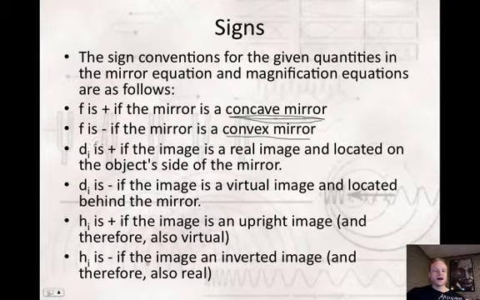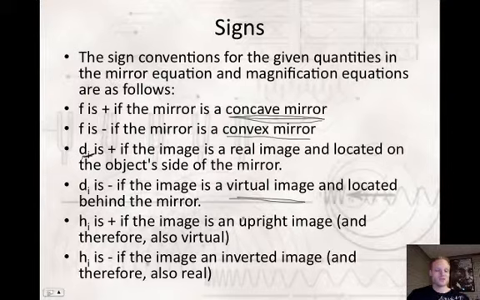If the image distance is positive, the image is a real image and located on the same side of the mirror as the object. So basically, if DI is positive, it means you have a real image. If you have the opposite, DI is negative, it's called a virtual image, which basically means that the image is being produced on the other side of the mirror, basically where the light isn't going.